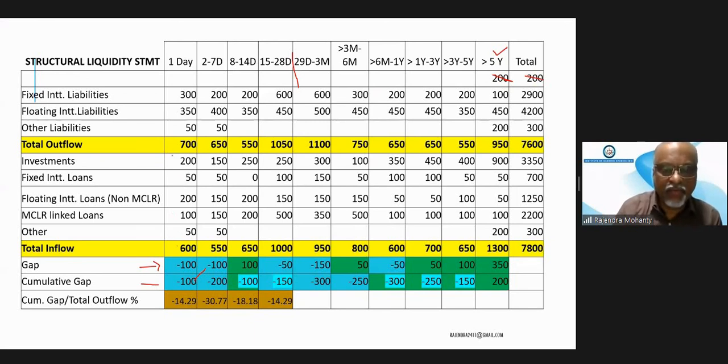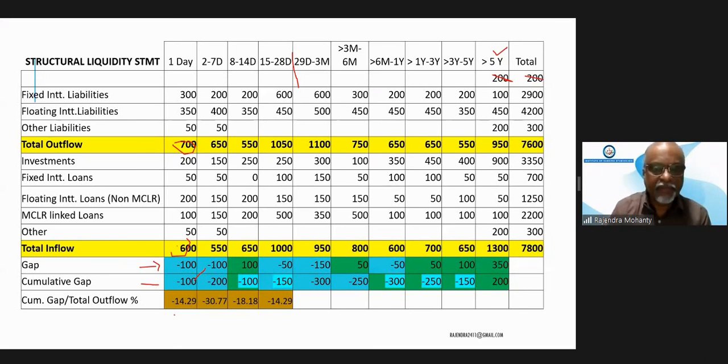Whenever inflow is much more, then it will be a plus. So definitely I understand your question, but minus is given for the fact that your liquidity position, as per the requirement, is exceeding. Here 700 is outflow, inflow is 600. So definitely the position is minus, a negative gap.